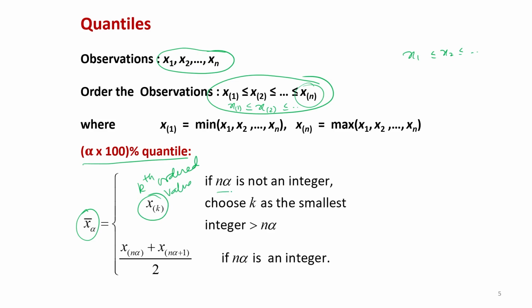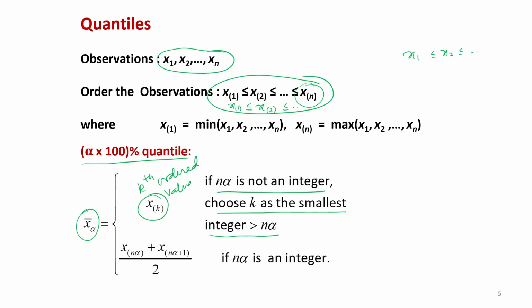If n alpha is not an integer, then we choose k as the smallest integer greater than or equal to n alpha. For example, when n is an odd integer, the n by 2th ordered observation was the median, and when n was an even integer, the n by 2th ordered value and the n by 2 plus 1th ordered value, their average, was the median.